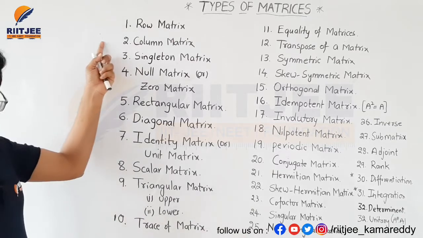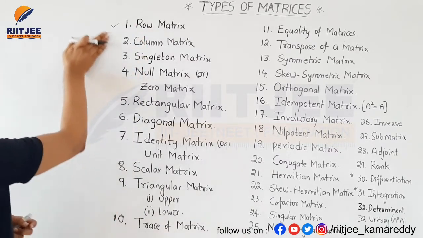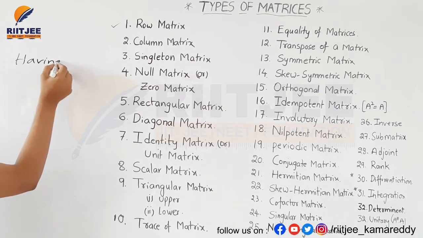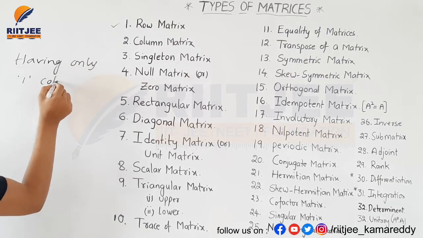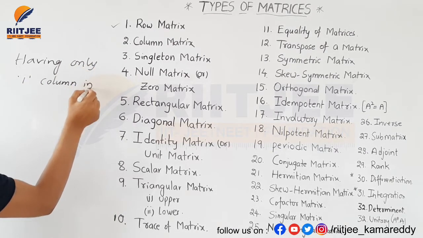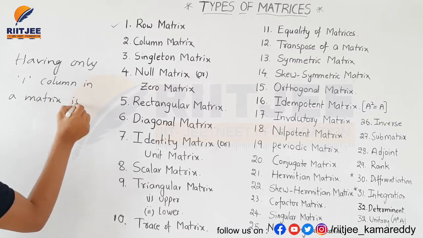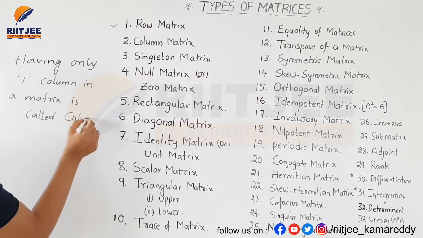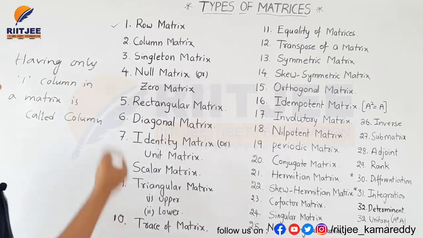Next, what is a column matrix here? A column matrix is nothing but having only one column in a matrix. Having only one column in a matrix is called a column matrix.